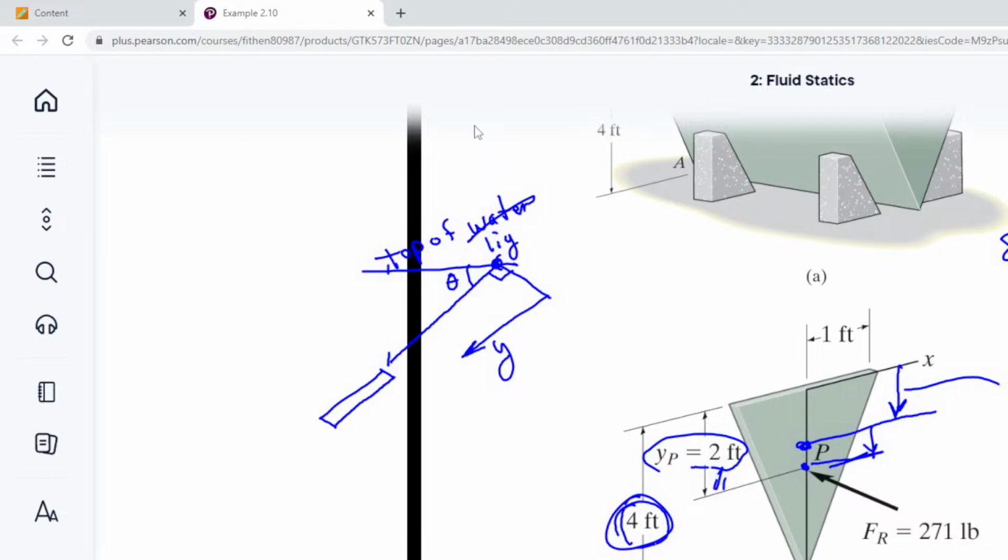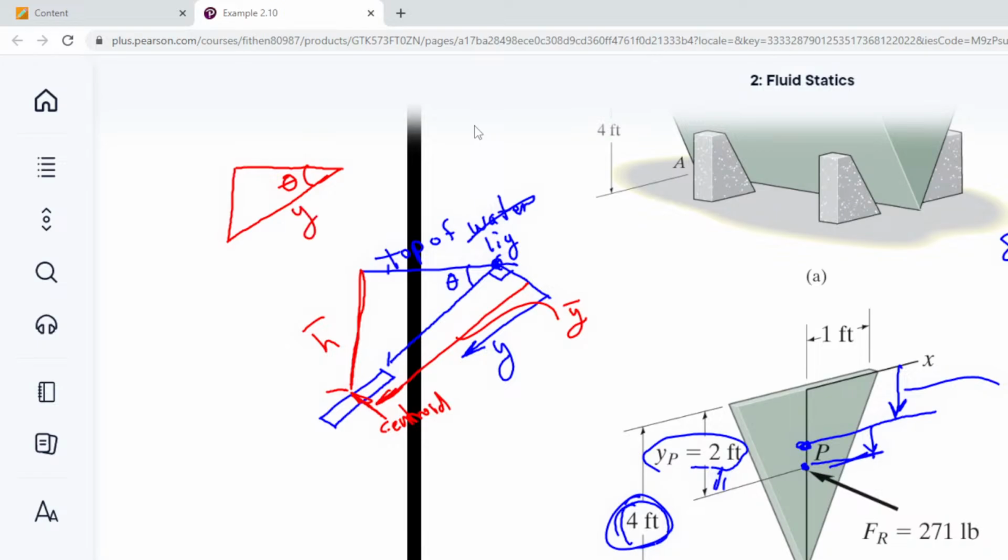And I'll go back and say, let's say your centroid is right here. Then this is y bar. But it also means this is h bar. Now if you look at the triangle over here on the side, you'll see something really simple, h and y.